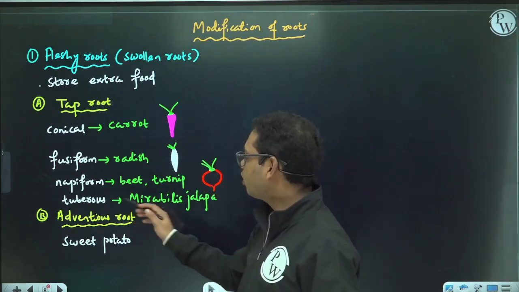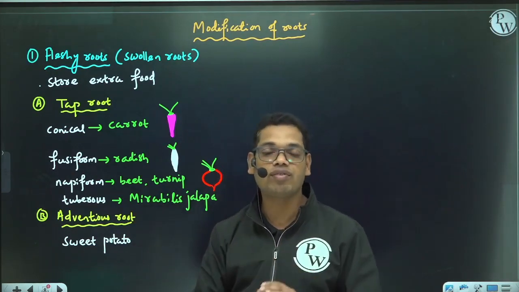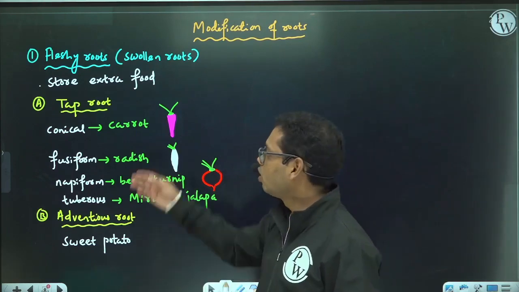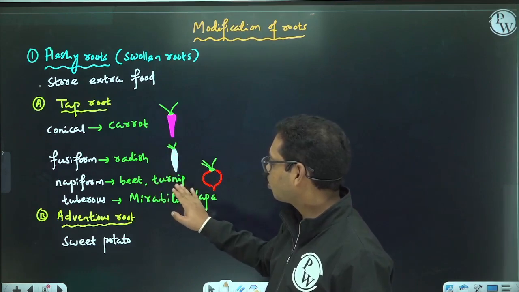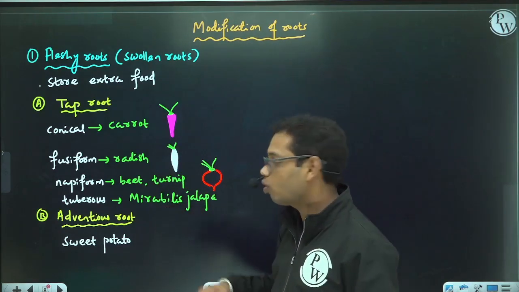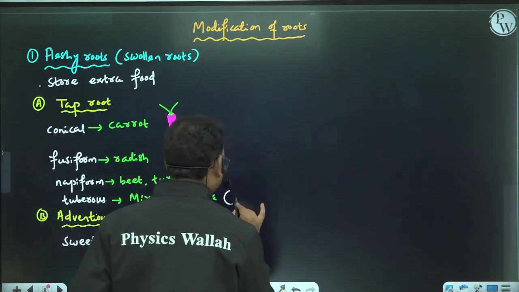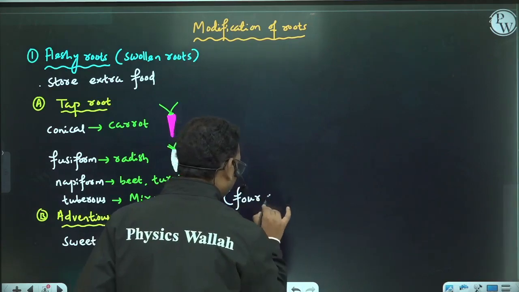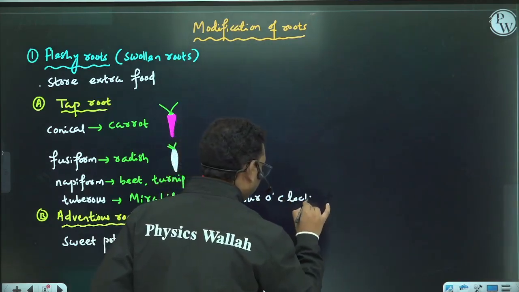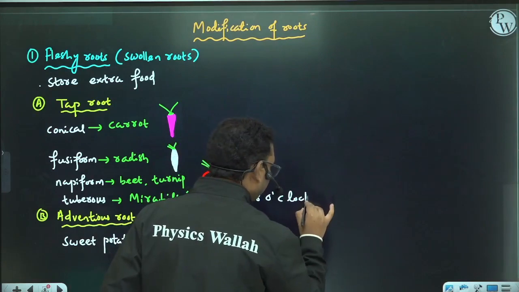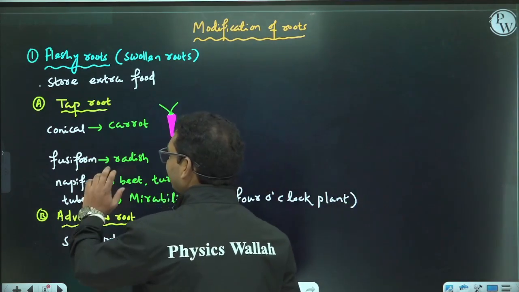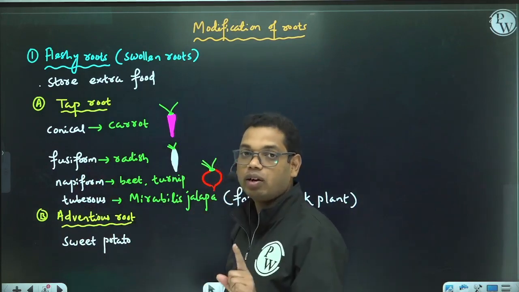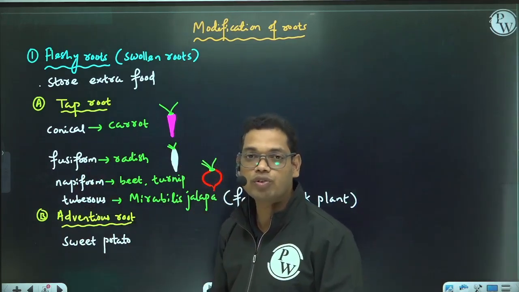Okay, in tuberous, that means no definite form, and you have to remember the examples. Okay, so carrot, radish, beet, turnip and Mirabilis jalapa, which is also known as 4 o'clock plant. Which plant? 4 o'clock plant. Okay, so all of these are the examples of modified taproot which are meant for storage of food.